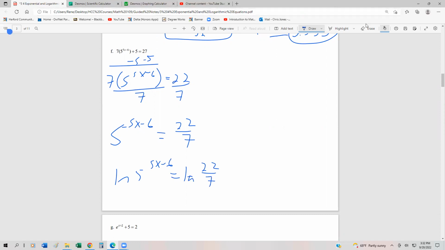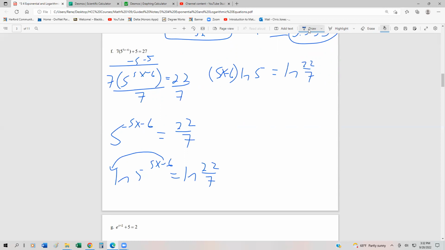And then, just like we did previously, we can move the exponent of 5x minus 6 and just move that in front. So that's going to give me 5x minus 6 quantity, ln of 5, equal to ln of 22 over 7.